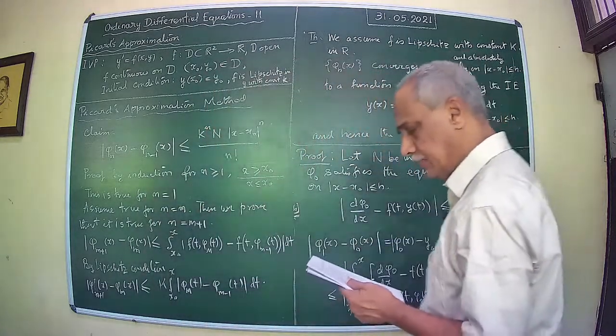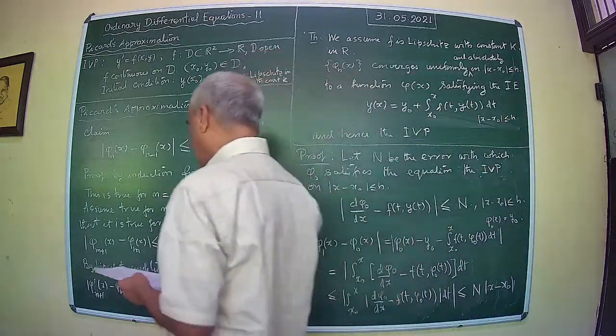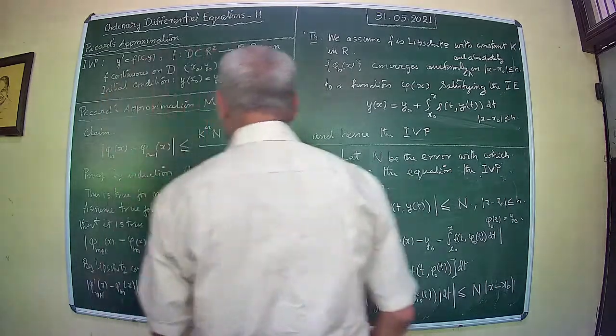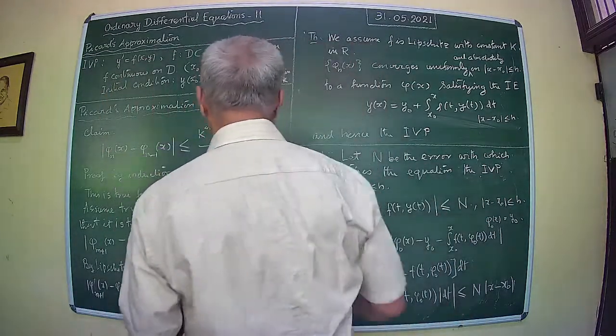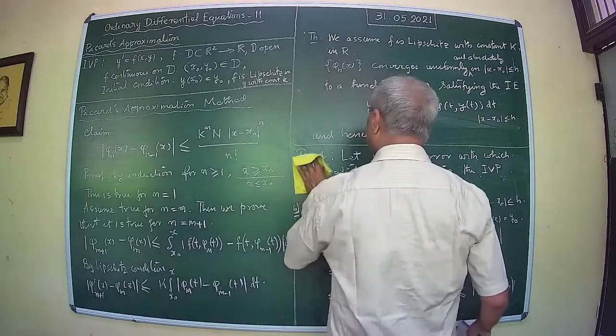Okay, now estimating. So for n equal to m, what we have is this. This is the assumption that we are making for n equal to m.